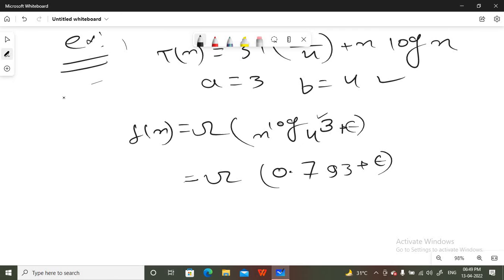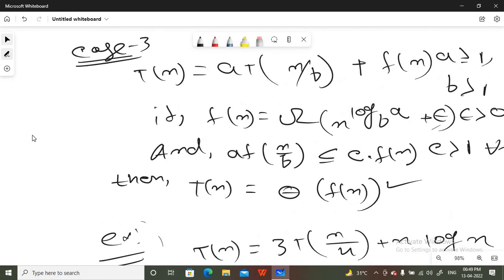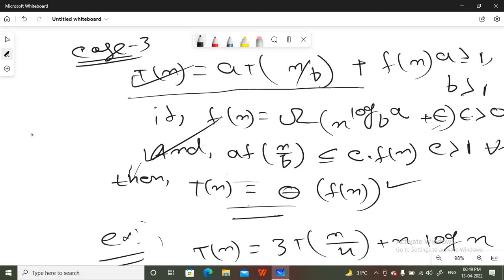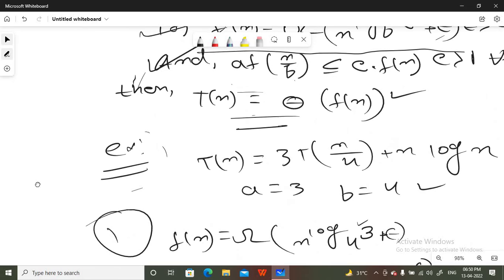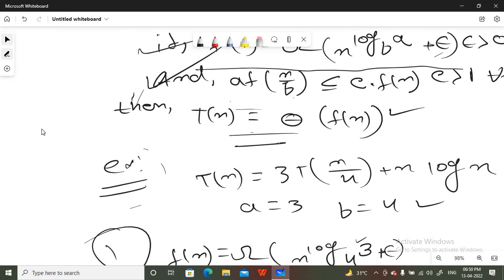Plus epsilon. We have two conditions, and only if both are met can we apply this. The first condition is this one and the second condition is this one. First I am checking the first condition: f(n) equals omega of n to the power 0.793 plus epsilon, where epsilon is greater than 0.